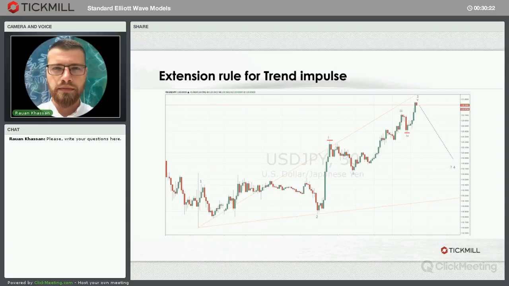As for the core rule, we need to watch closely the price area of 190.60, which is marked as the top of the first wave, and wave number 4 should stay above the given price level.